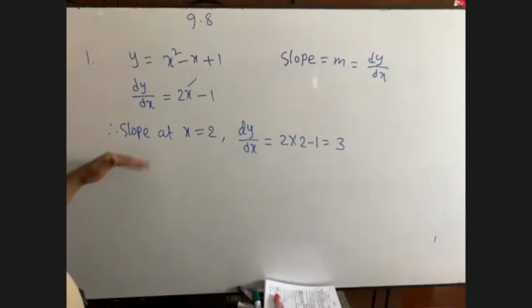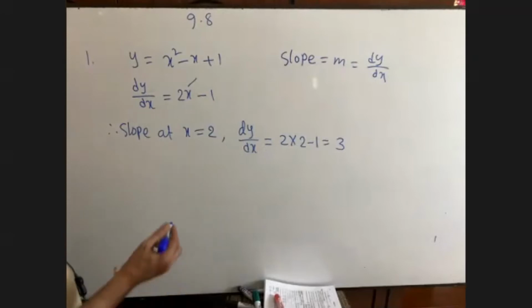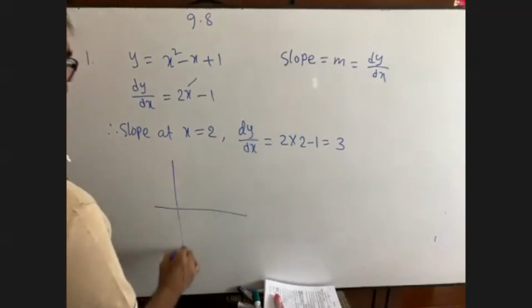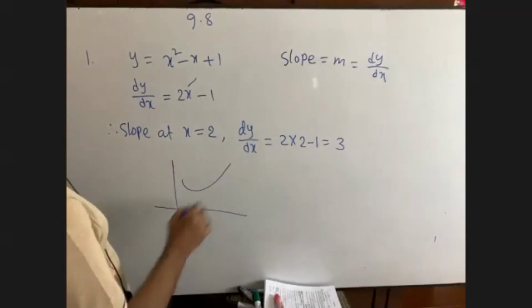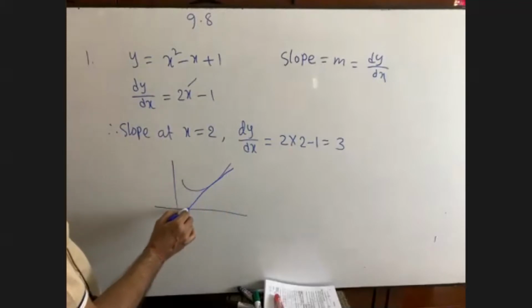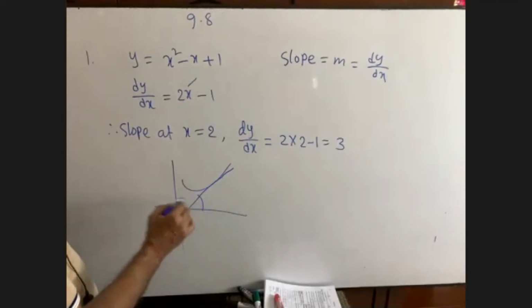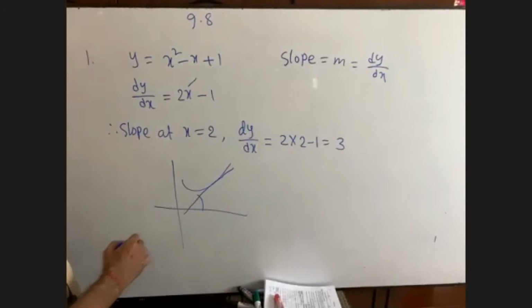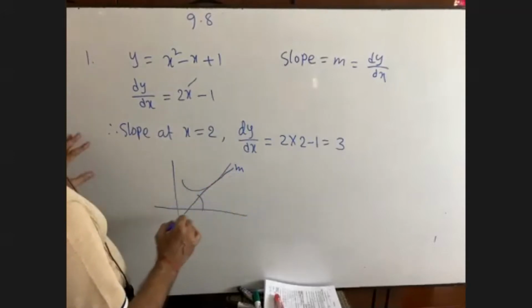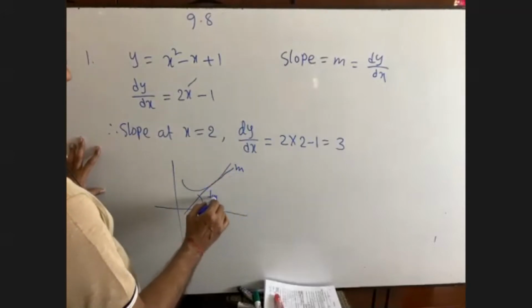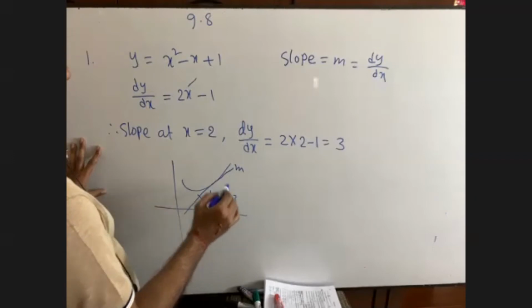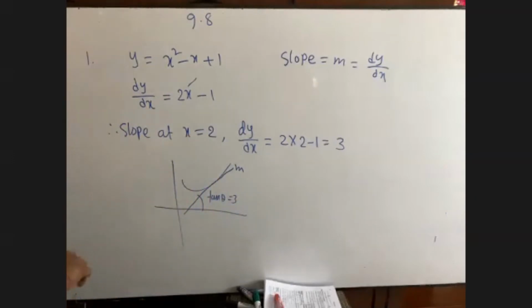We have found the slope of the tangent. Suppose this is a curve and this is the tangent. It is m equals tan theta equals 3. This is the formula.